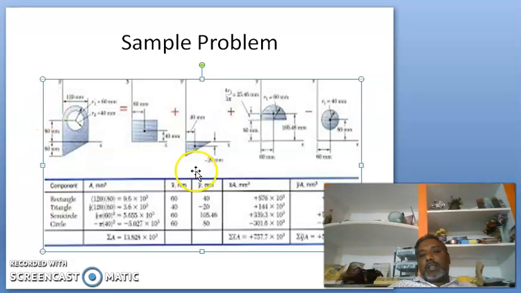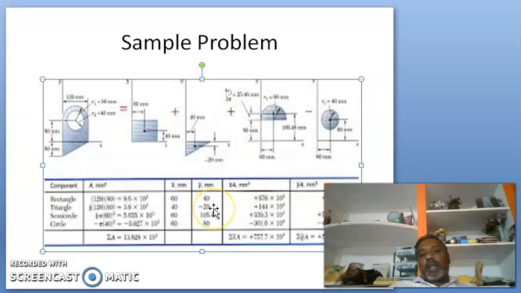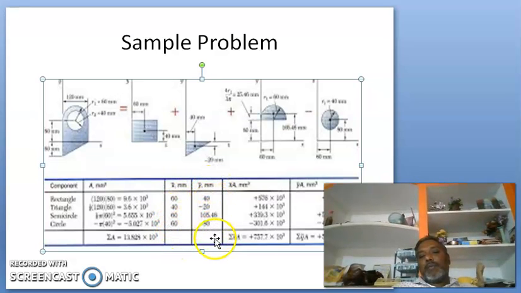So corresponding distances are taken and marked here. Similarly, y bar is taken at the same places, but when it comes to this triangle, this y2 is marked negative. So we have a set of x1, x2, x3, x4, y1, y2, y3 and y4.